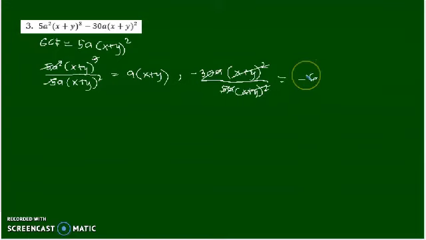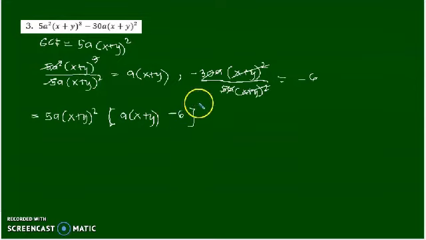Again, express the GCF and the quotients here as a product. So that is 5a times the square of x plus y times the quantity of a times x plus y minus 6.